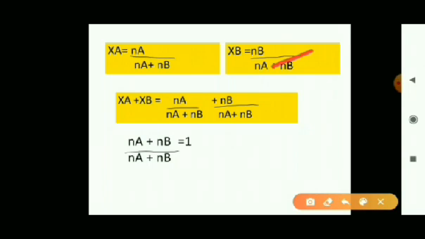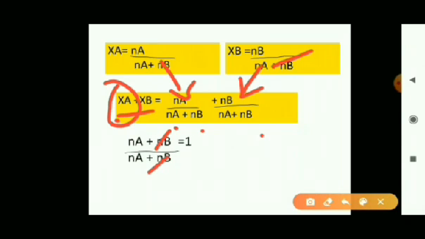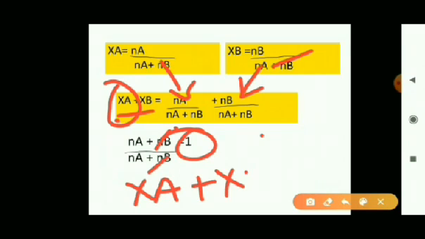When we add the mole fractions of A and B, take the LCM, and you will see Na plus Nb divided by Na plus Nb gets cancelled. You get the answer 1. So XA, the mole fraction of A, plus the mole fraction of B, is equal to 1.